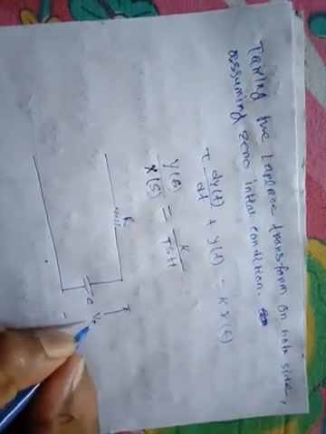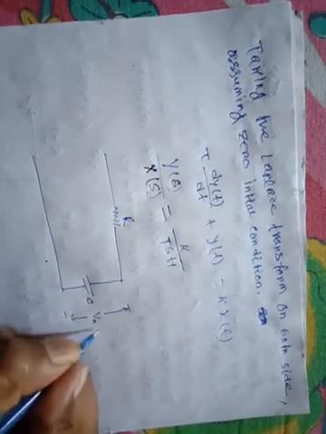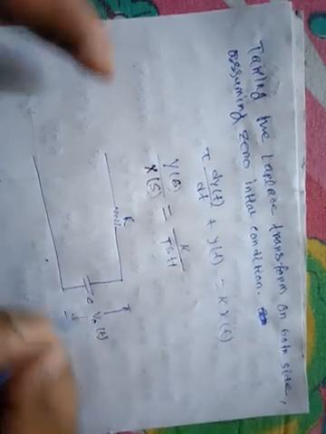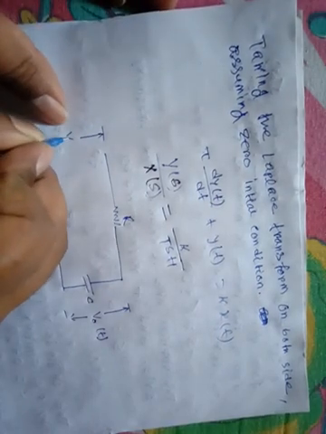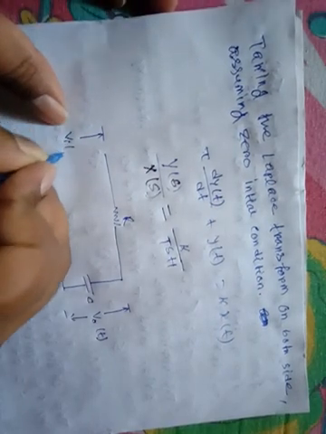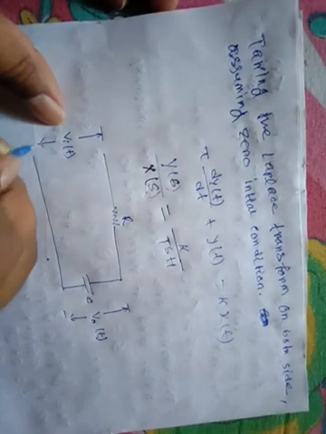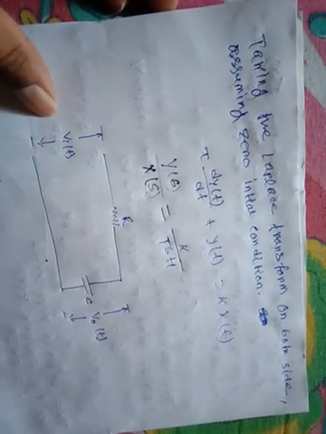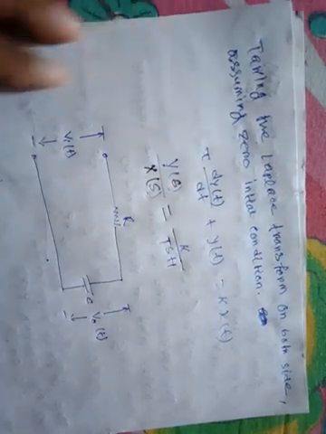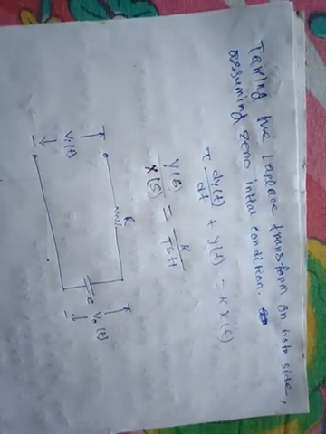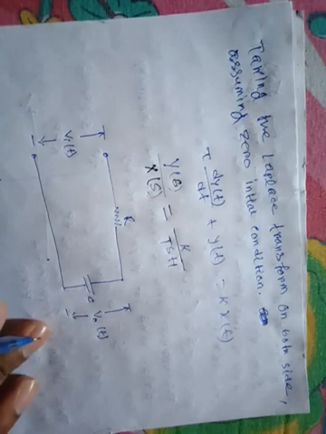The output voltage is V0(t) and the input voltage is Vi(t). It is an RC circuit.